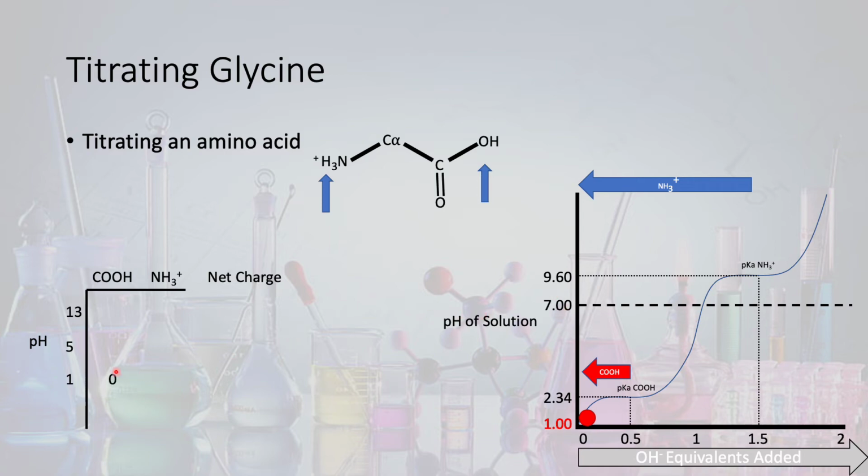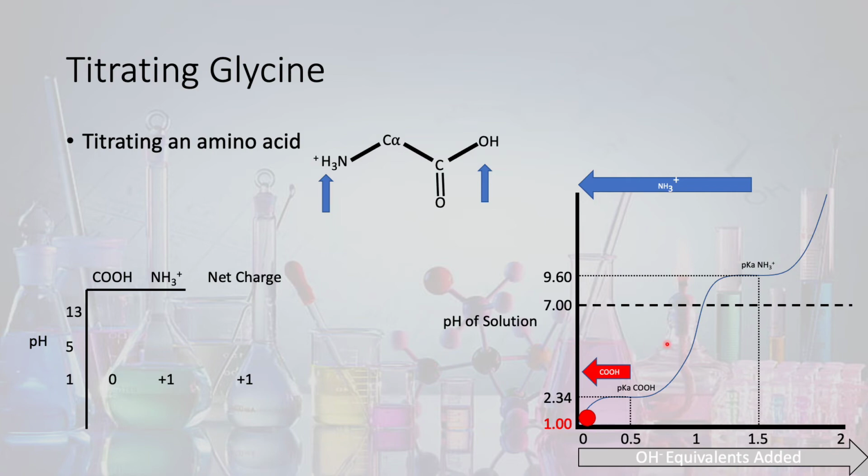So this can translate to ionization states of our amino acid. Our carboxylic acid here is currently neutral, right? A COOH doesn't have a formal charge, but our quaternary amine over here still carries a formal positive 1 charge. So at a pH of 1, our amino acid has a net positive charge of 1.